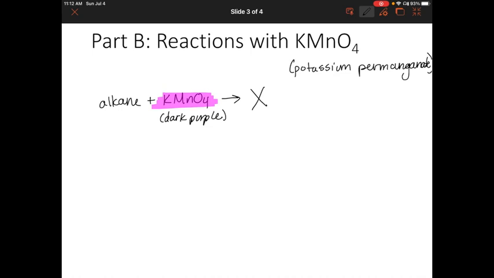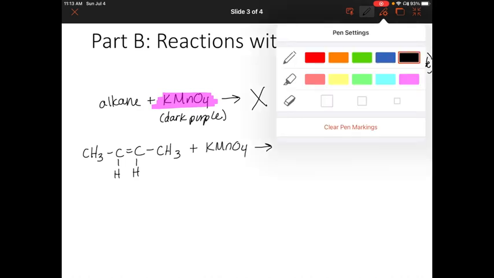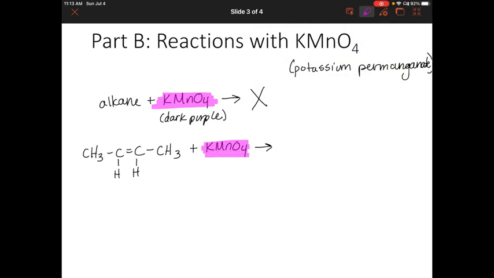But if we have an alkene, like the one we saw on the last slide, this will react with potassium permanganate. And what we'll see is the formation of two alcohol groups across that double bond. So this will be a diol because there's two alcohols.